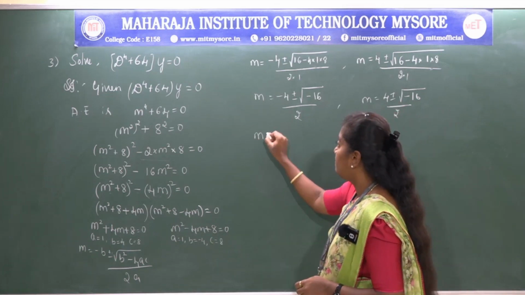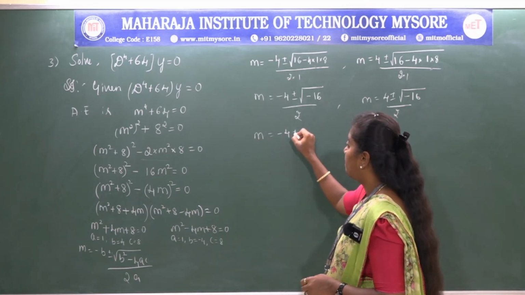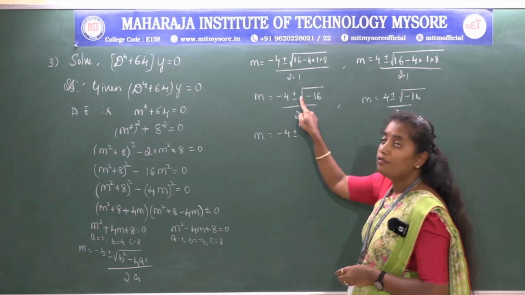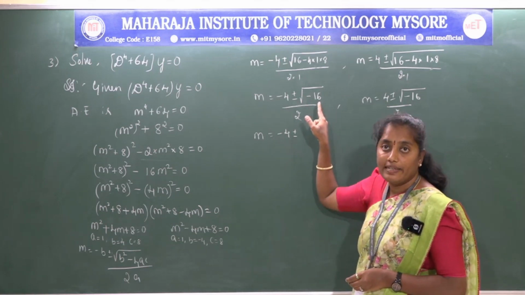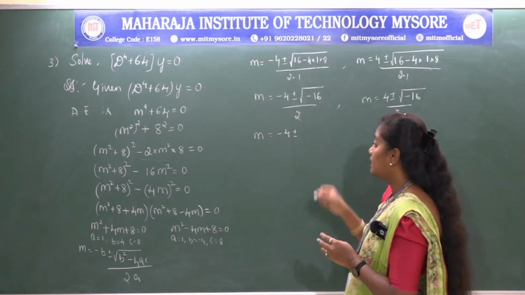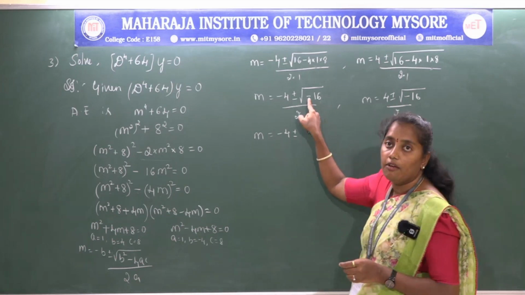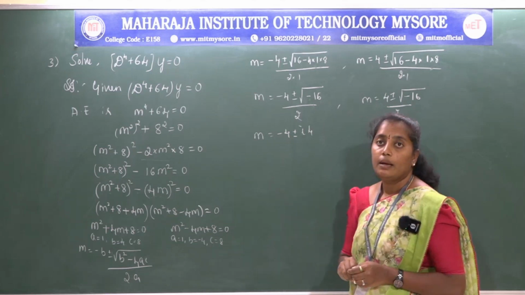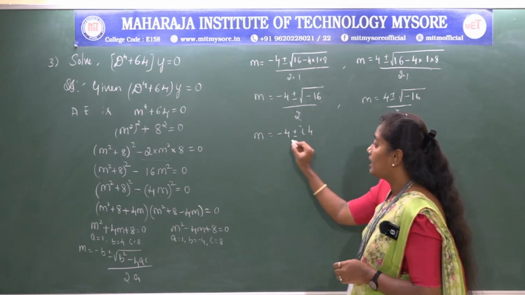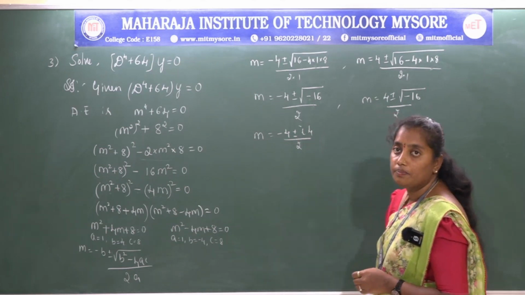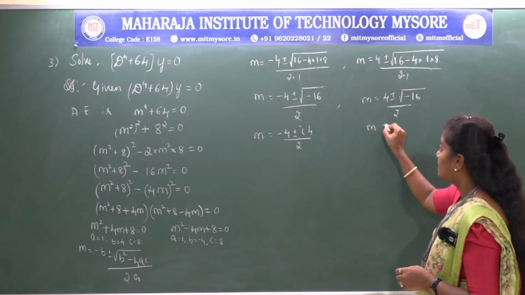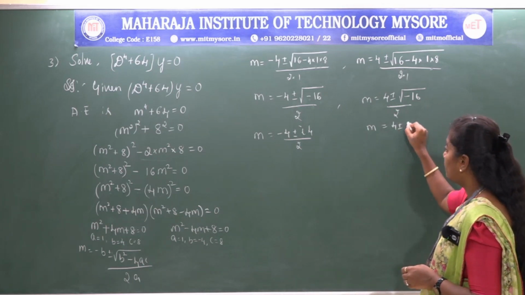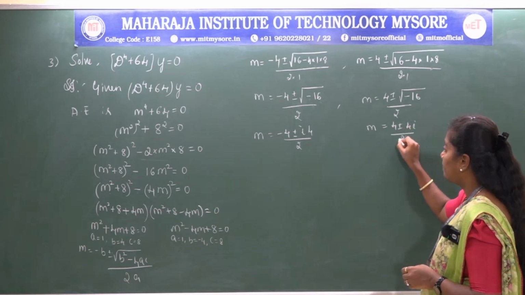Simplifying again, m is equal to minus 4 plus or minus the value of root 16. 16 is a perfect square. The value of root 16 is 4, and since we have a minus sign, the root of minus 1 is an imaginary term. Minus 4 plus or minus i into 4, divided by 2. Similarly, m is equal to 4 plus or minus 4i divided by 2.